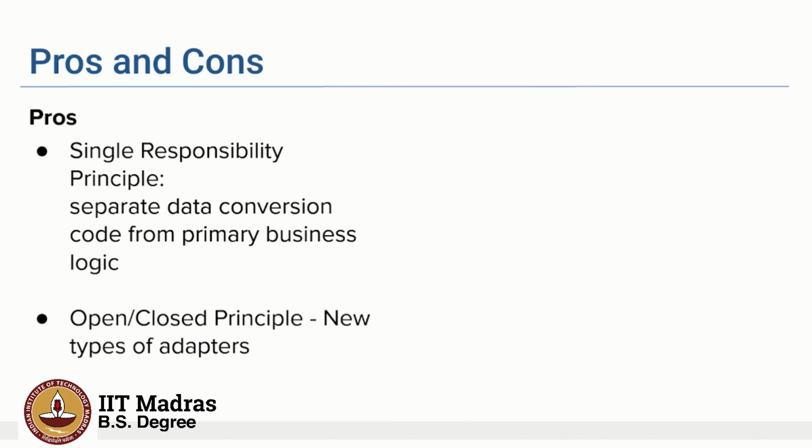And this follows the open close principle, where we say that a class should be open for extension. So we can extend the functionality of these classes by adding new types of adapters. The disadvantage is that the complexity of code can increase.